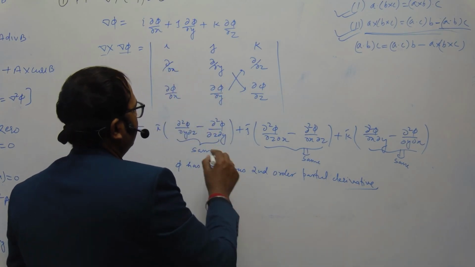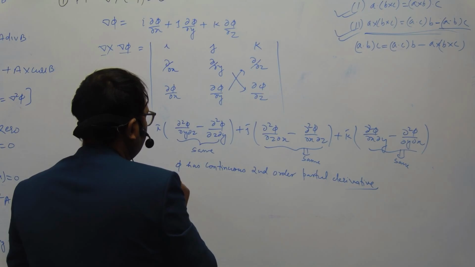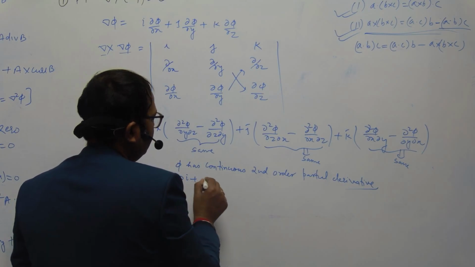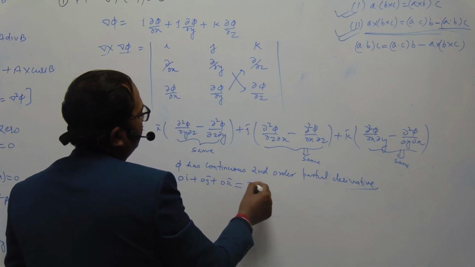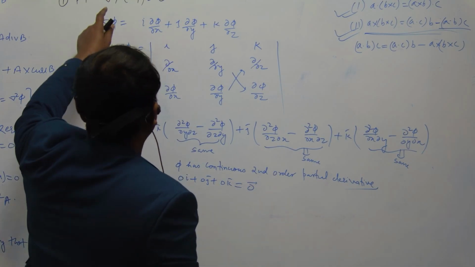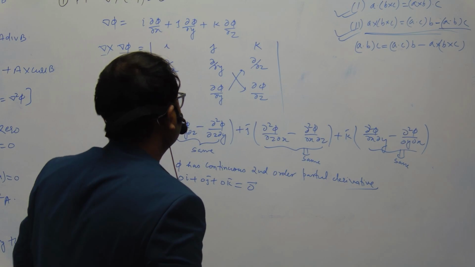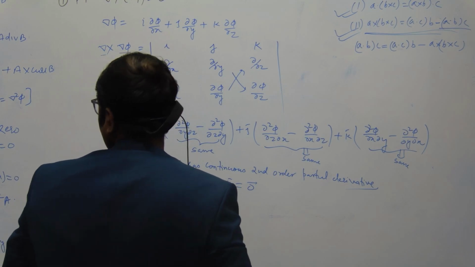Okay, so these two terms are same, so we have 0 i cap plus 0 j cap plus 0 k cap. This is basically 0 vector. So the curl of gradient of phi is 0. Now let us discuss question number 10.